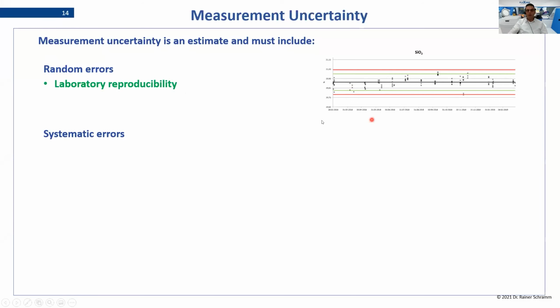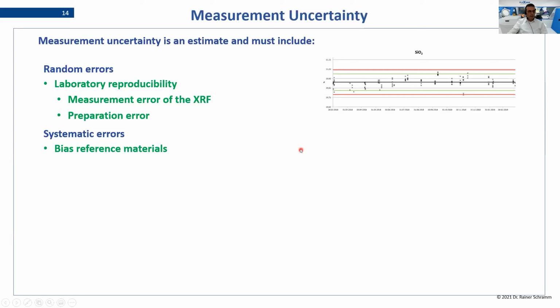You remember about 1 year we have measured a control sample, and the standard deviation out of this is our laboratory reproducibility. And this includes, of course, our measurement error of the XRF and the preparation error. And of course, the lab errors like the user and perhaps different XRF instruments.